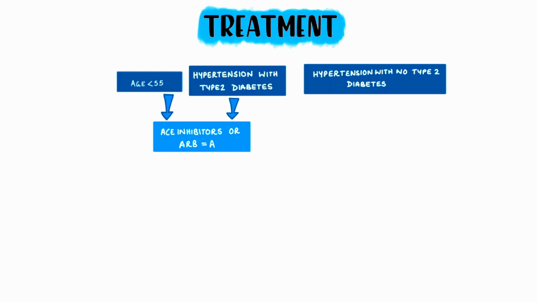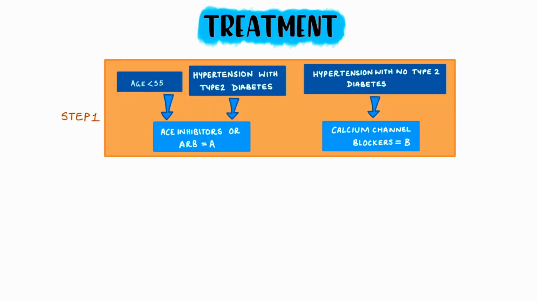On the other hand, if the patient is above the age of 55 or is of Afro-Caribbean descent, then they would be started off with calcium channel blockers. So for the purposes of this diagram, let's call this B. So that concludes step 1. And step 2 would be to combine the drug regimens.